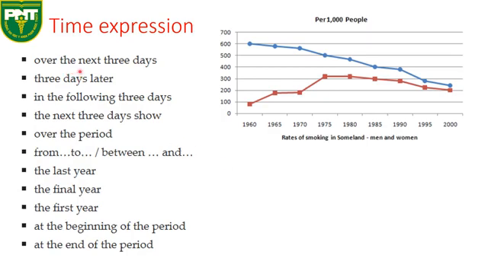You can use "over the next 3 days" or "3 days later", and "the last year", "the final year" at the beginning of the period here. 1960 is at the beginning of the period.